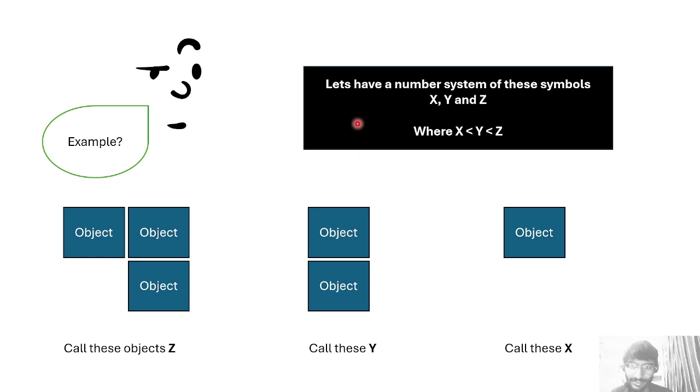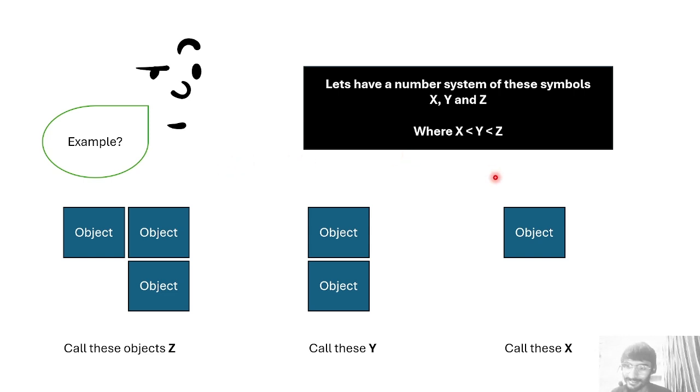Let's have a number system of these three symbols, as Frank wants an example. X, Y, and Z are the three symbols of the number system. And we have defined the constraint that Z is greater than Y, Y is greater than X, and Z is greater than X. Based on that, we can say they are in increasing order.